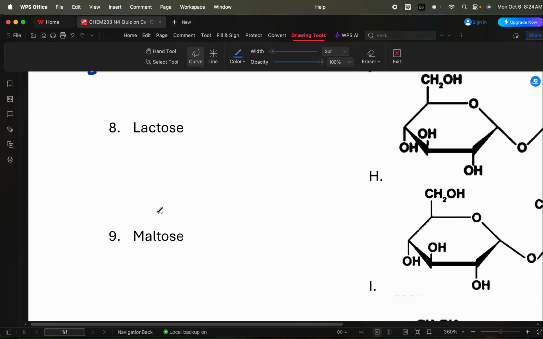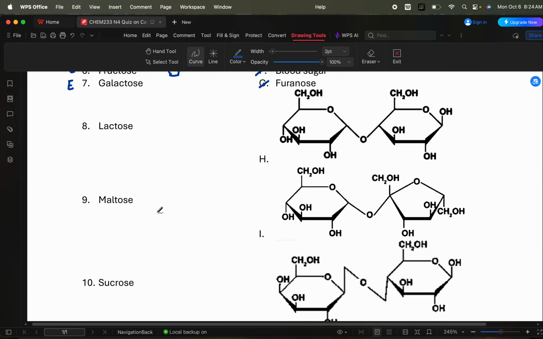Then for 8, 9, and 10, we are to match the name of the disaccharide. So let's look first at each of the components. For letter H, your clue here will be the glycosidic bond. It is down, meaning these two are actually the same.